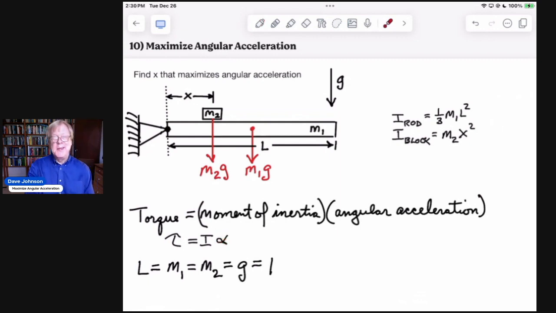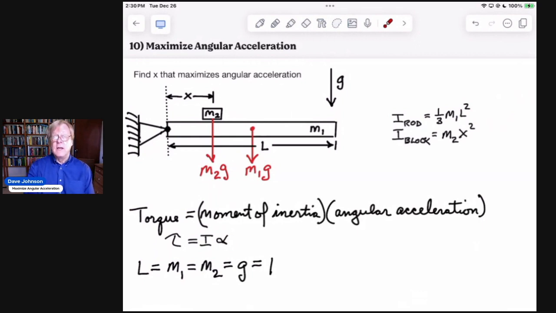Okay, so what's the physics? Well, the torque acting on the system is the moment of inertia, and those are big words, and don't worry if you don't know what they mean. I'm going to say them, and then we're going to write the appropriate formula, and we'll set this up, and you'll know exactly what's going on. So, moment of inertia times the angular acceleration. The moment of inertia we typically label capital I, and the angular acceleration is the alpha.